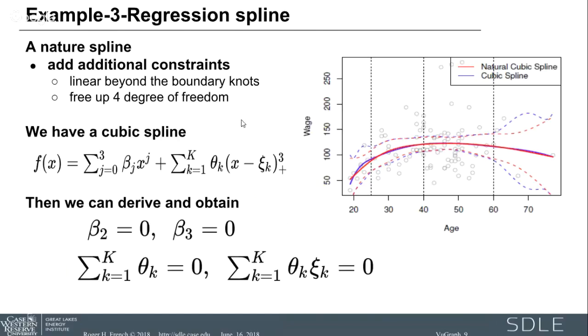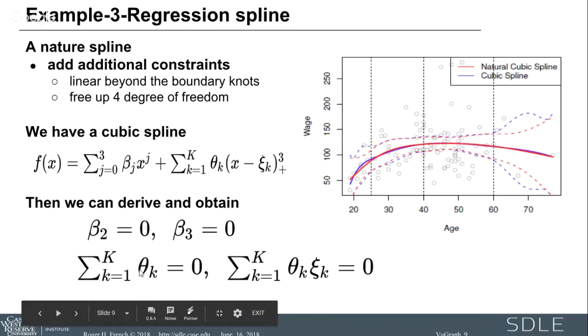So this is the cubic spline function, and based on this additional constraint, we can derive that beta 2 equals 0 and beta 3 equals 0, which means their square term and cubic term will be 0, and also this term will be 0.